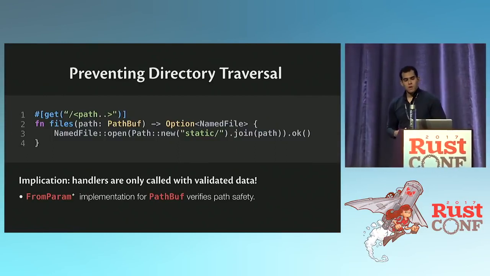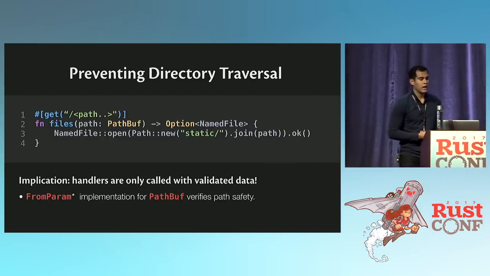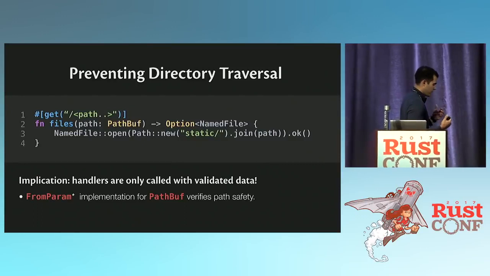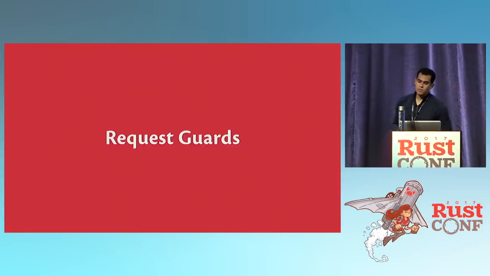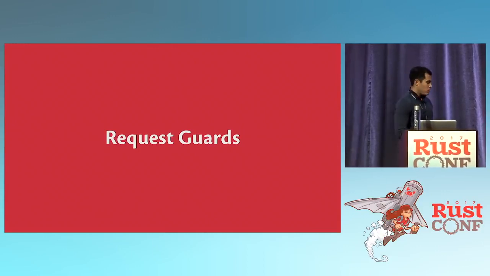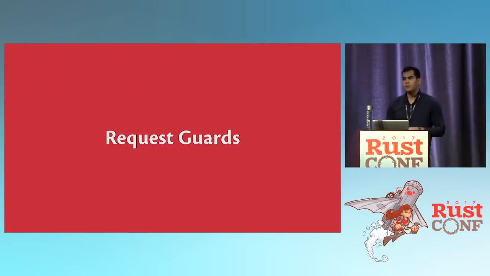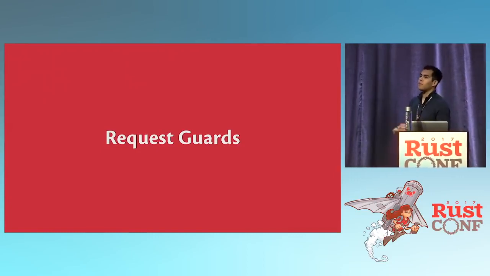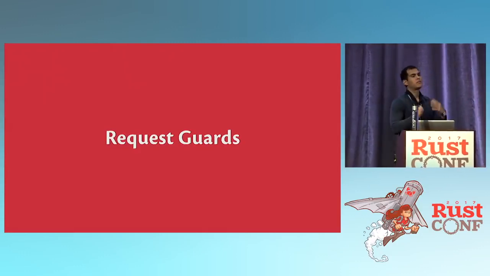All right. So the last thing I want to talk about before we talk about how this is actually working is what I believe is the most exciting part about Rocket, and that's this concept of request guards. So for what we've seen so far, Rocket helps you with input validation, but there's more to it than just the path. There's arbitrary data in the request, and you want to make sure that this request contains some information.